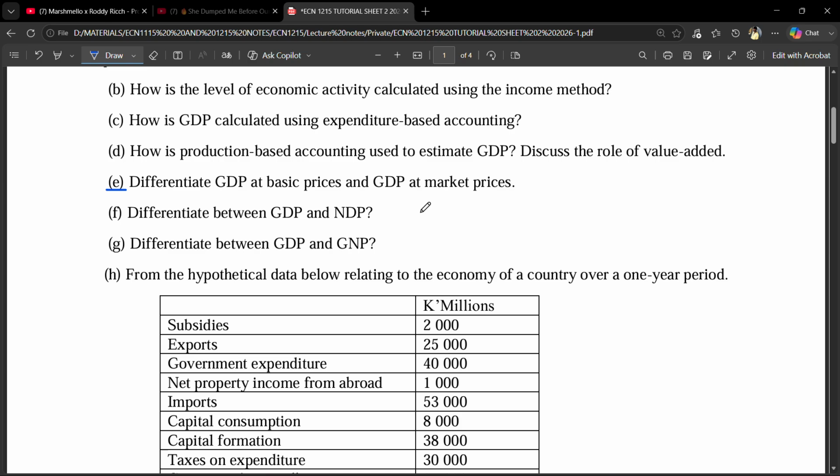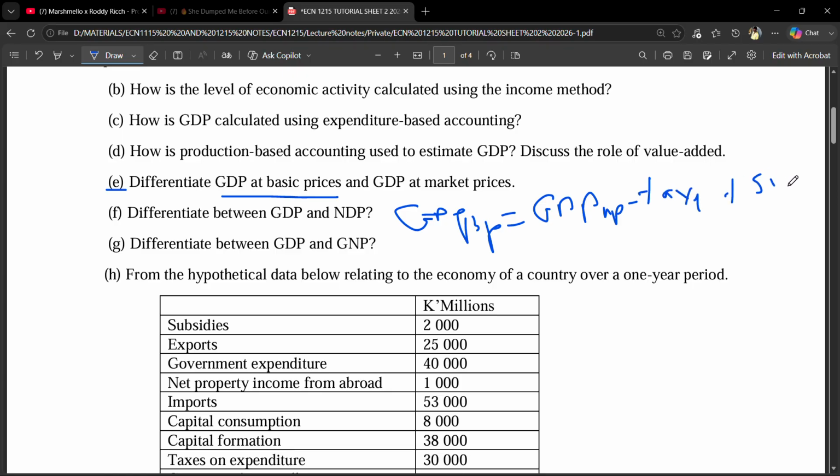It means that money excludes the taxes, which are indirect taxes. So this is measured as GDP at basic price equals GDP at market price minus the taxes plus the subsidies. So if a firm is the one producing, we add subsidies, but we subtract what?